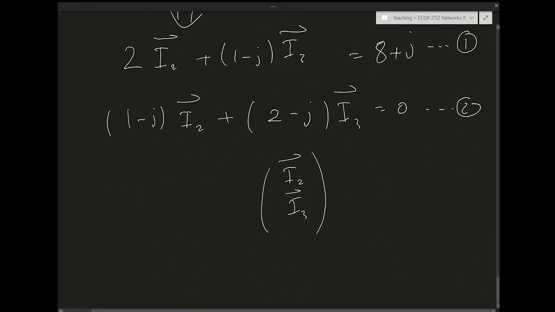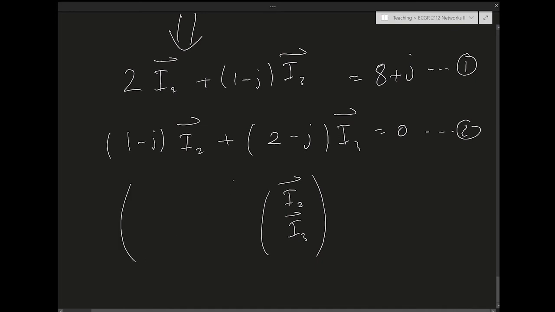So writing this in matrix form, I get 2, 1 minus J, and this is 1 minus J, 2 minus J, and this equals 8 plus J, 0.